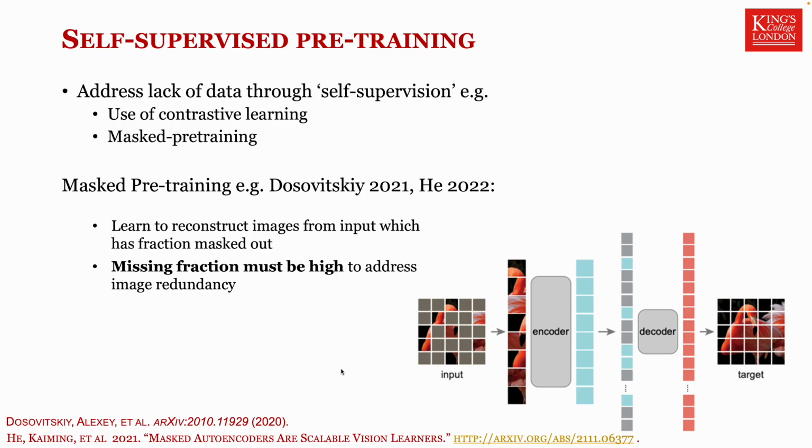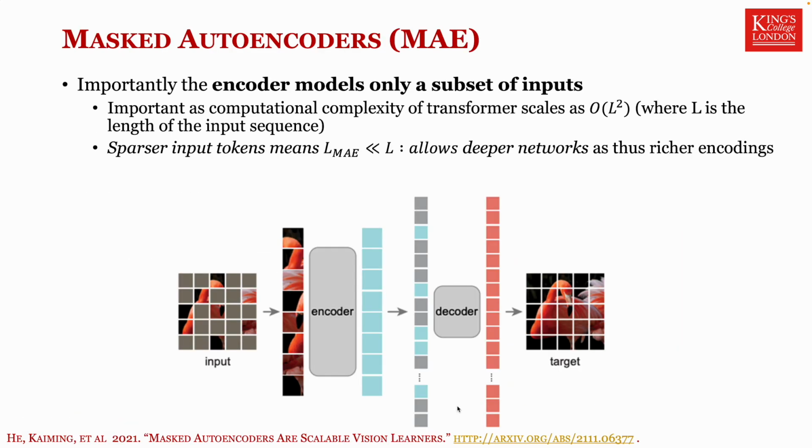We're going to push to the network an input with most of its patches missing, and then train a model to reconstruct the full image from this sparse input. Due to image redundancy, which means the tendency of adjacent regions in images to display very similar colours and textures, this missing fraction has to be very high, typically around 75% of the patches.